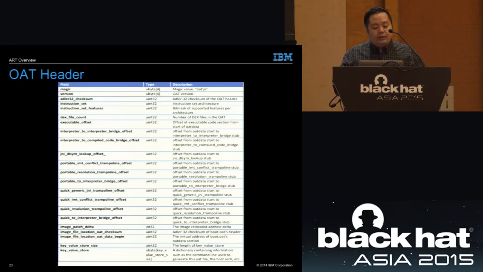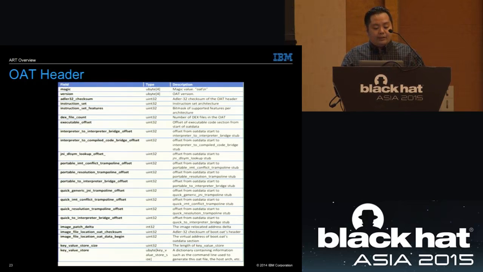Another relevant field here is the dex file count, which is the number of dex files in the oat file. For normal applications, it's 1. For boot.oat, it can be a lot, more than 10 or 16. The executable offset is the offset to the executable code in the oat file. It is relative to the start of the oat header.